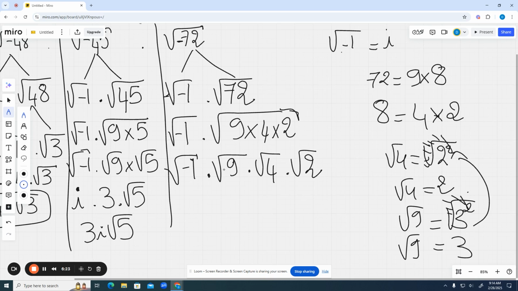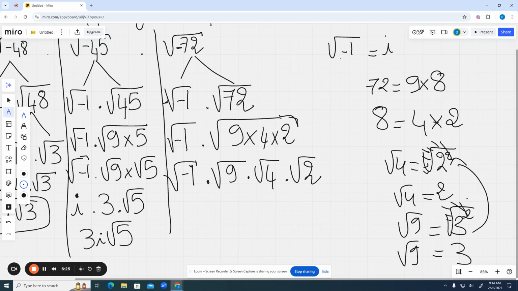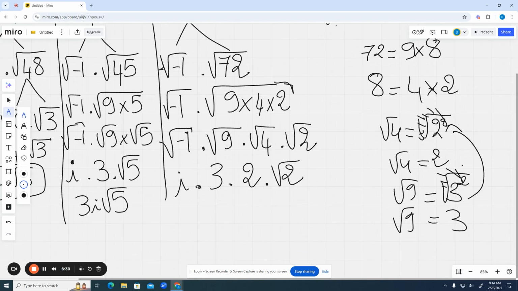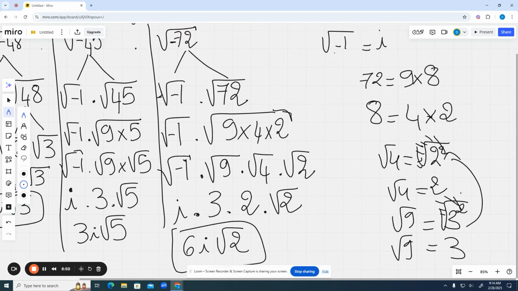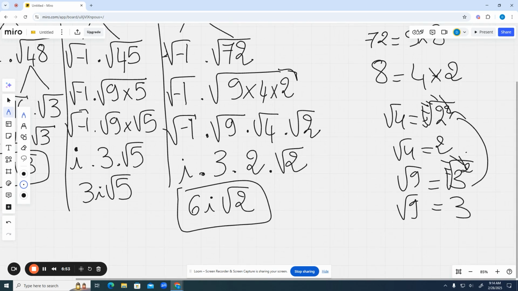And we know the square root of -1 stands for i. So it is i times 3 times 2 times the square root of 2. So 3 times 2 is just 6, 6i square root of 2. So the square root of -72 will end up as 6i square root of 2.